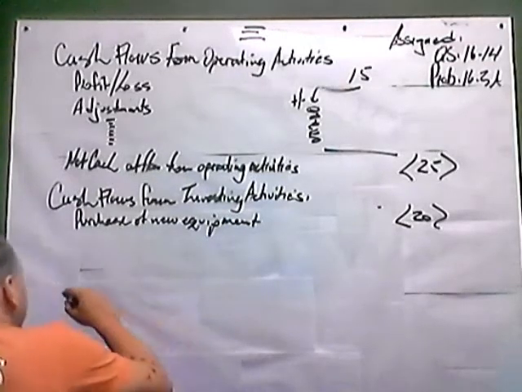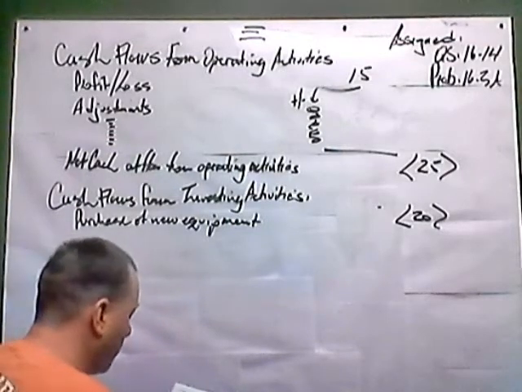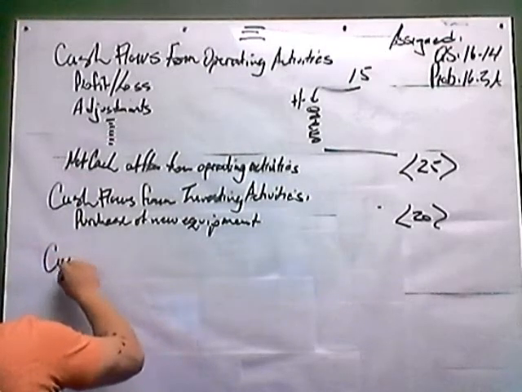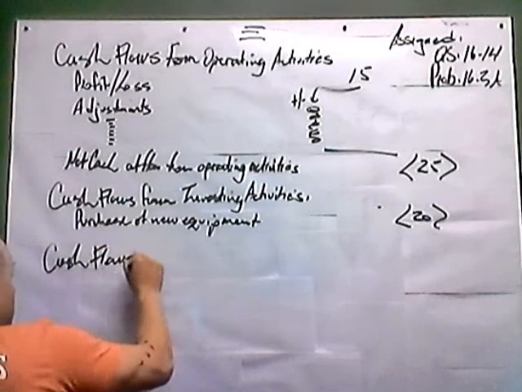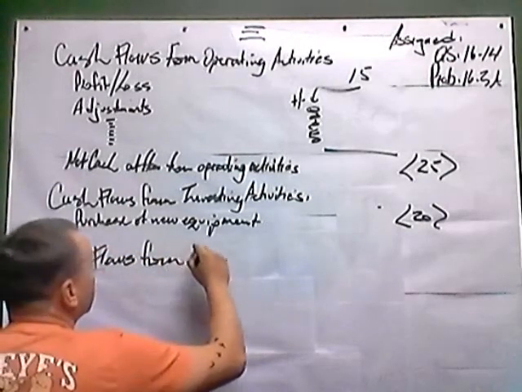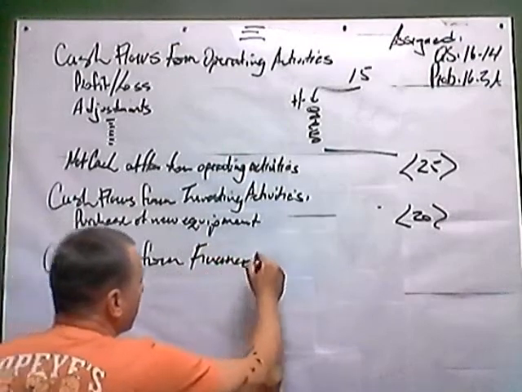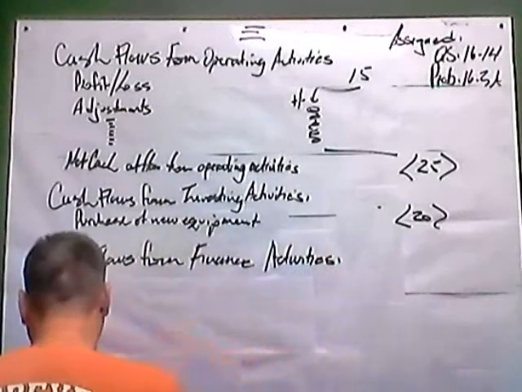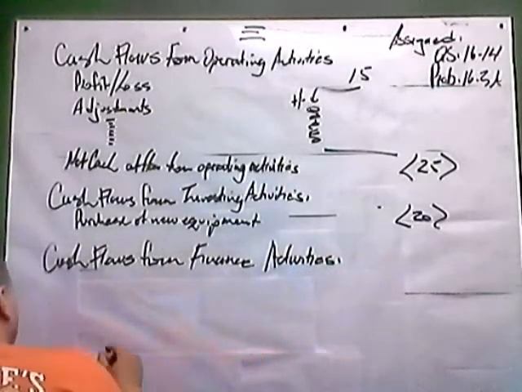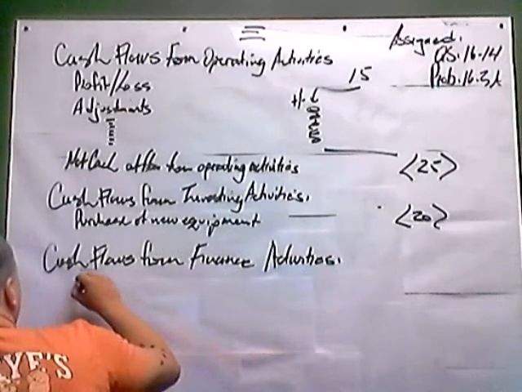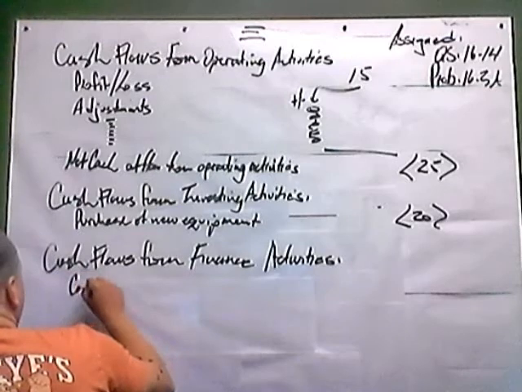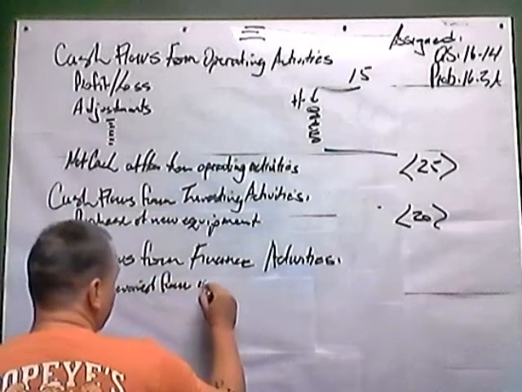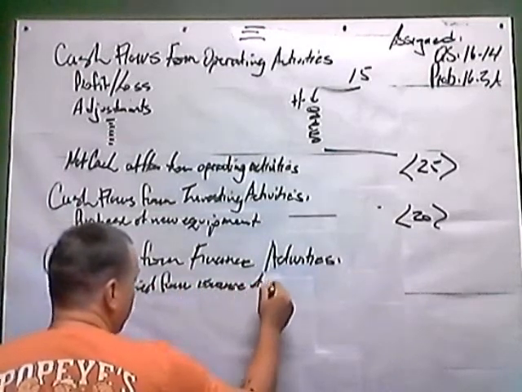Okay. So we've done the investing section, and then finally, I'm just going to copy what we did today for the financing activity. So then we'll have cash flows from financing activities. In this case, we had issuance of common shares, so cash from issuance of common shares.